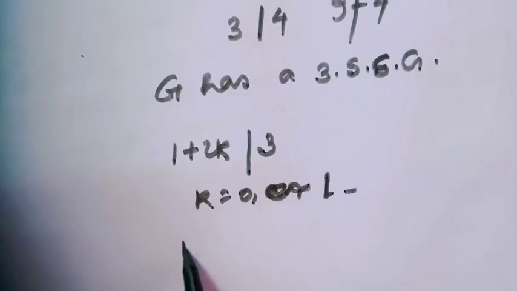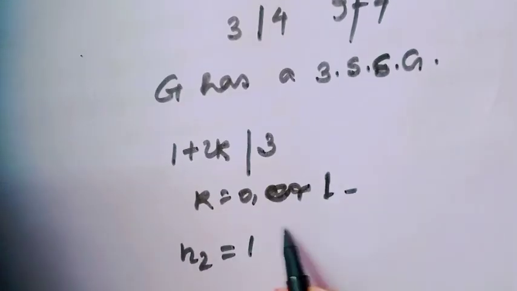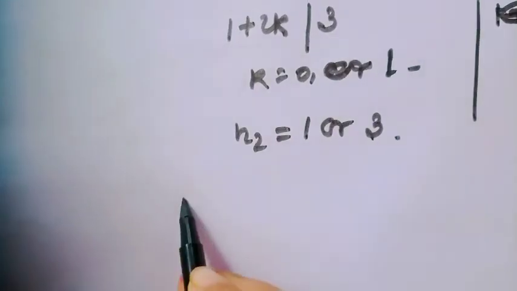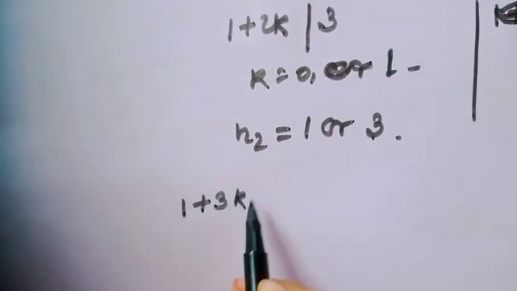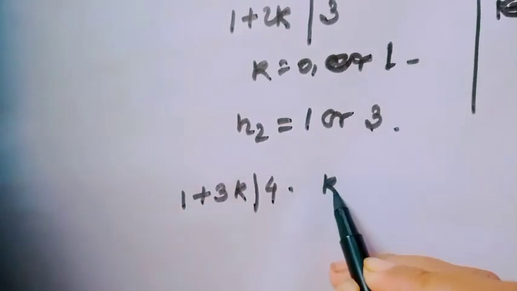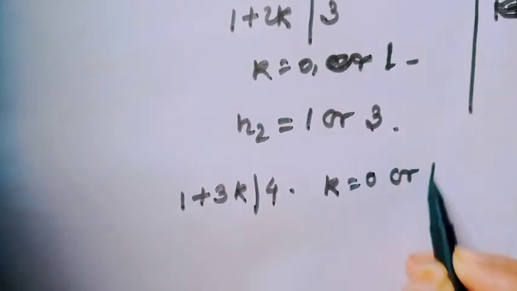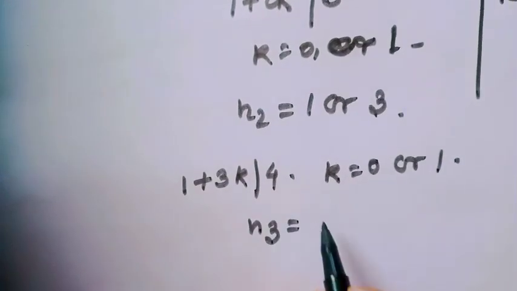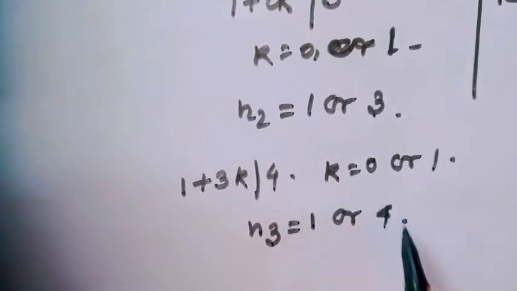Therefore, the number of 2-Sylow subgroups is either 1 or 3. Similarly, 1 plus 3k should divide 4, and this is also possible for k equal to 0 or 1. Therefore, n3 is equal to either 1 or 4.